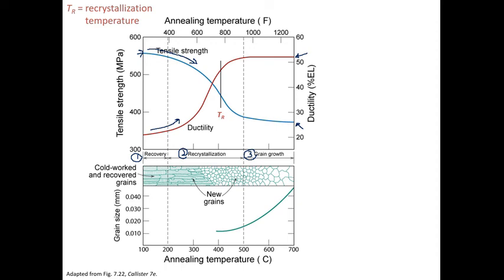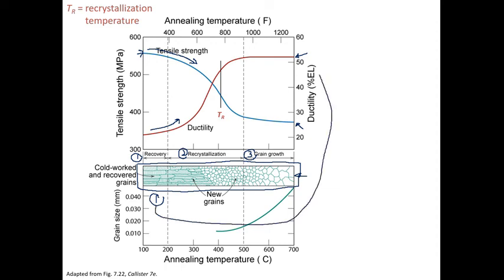First of all, when you look at the grains here, in this region, you can observe different grains. So the first part is where recovery occurs. What happens to the grains here? This is the first part.